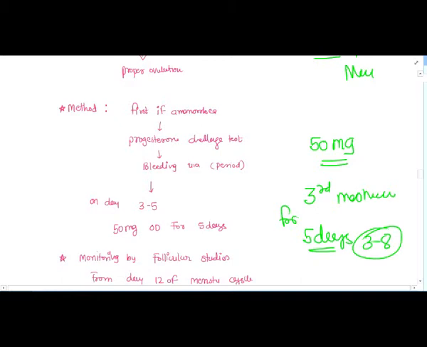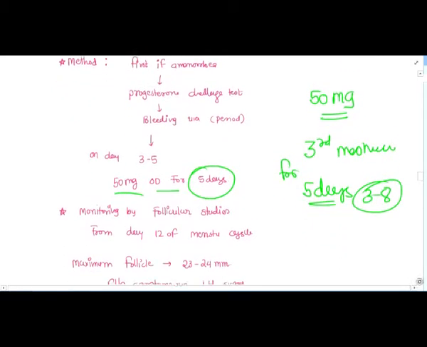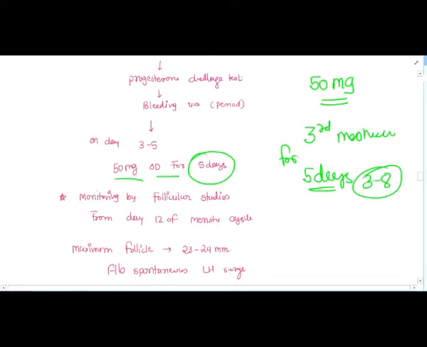The patient has to take a 50 mg clomiphene citrate tablet OD for 5 days. 50 mg is a starting dose. This can be increased if ovulation doesn't happen.